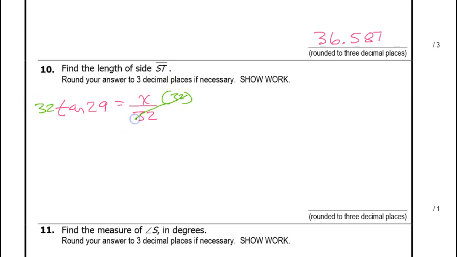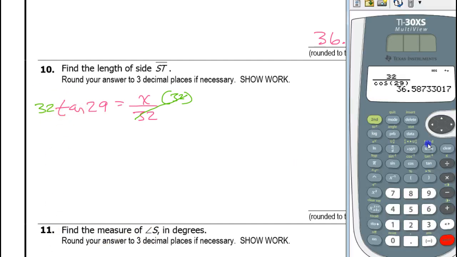That way these will just cancel out and you have x by itself. So this will give you the answer, 32 tangent 29. You don't need parentheses or anything. You can just type that straight in your calculator. 32 tangent 29. That is 17.738. Got to round up.